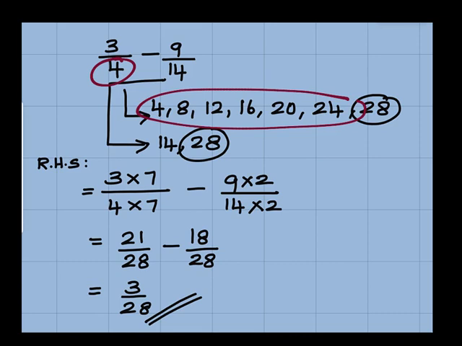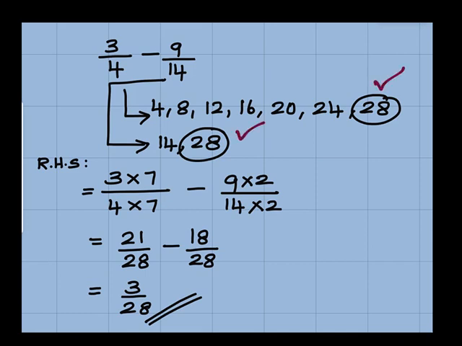And then let's write the multiples of 14, which is 14 and 28, and it goes on. Check which is the least common multiple. For 4 and 14, the least common multiple is 28, right? So 28 will be our denominator.